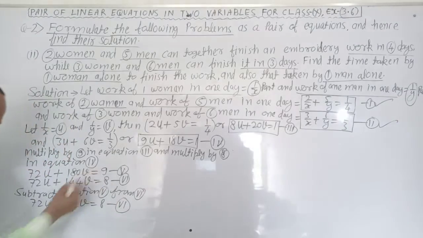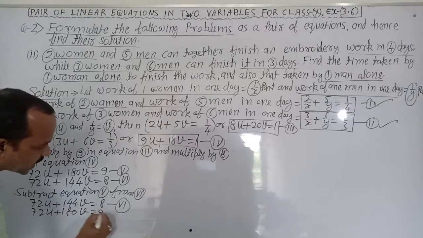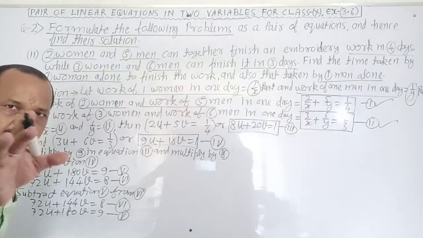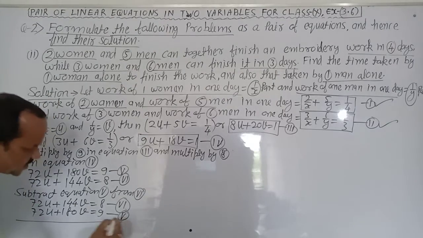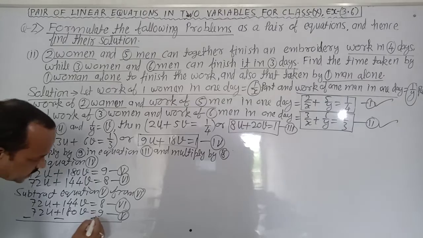It is 6. 72u plus 180v equal to 9. It is 5. Draw a line and change its sign. Here minus and here minus.